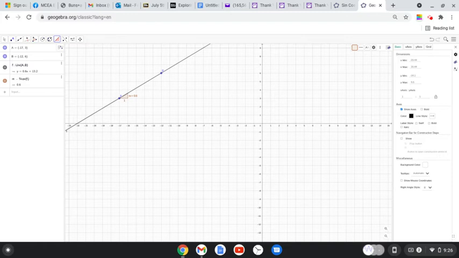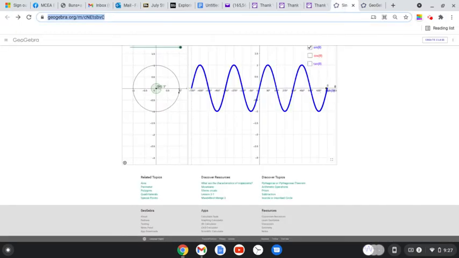In my post, I talked about using GeoGebra to understand trig functions. I'm not going to create all of that, but I want to show you the animation or simulation for the image that I included, so you can see how moving the point on the circle shows the movement on the sine function.